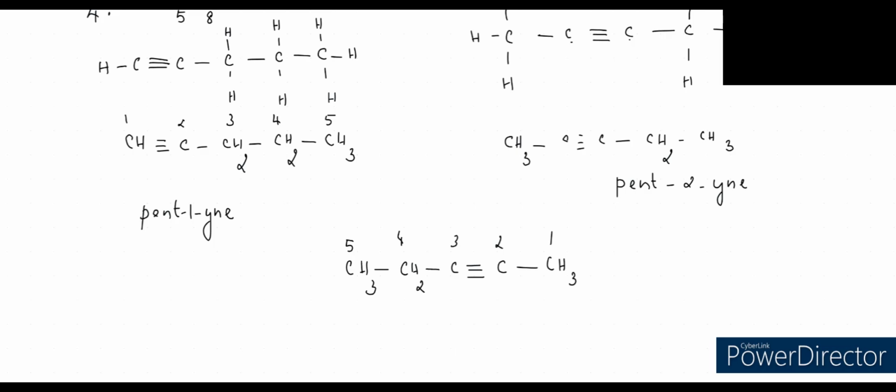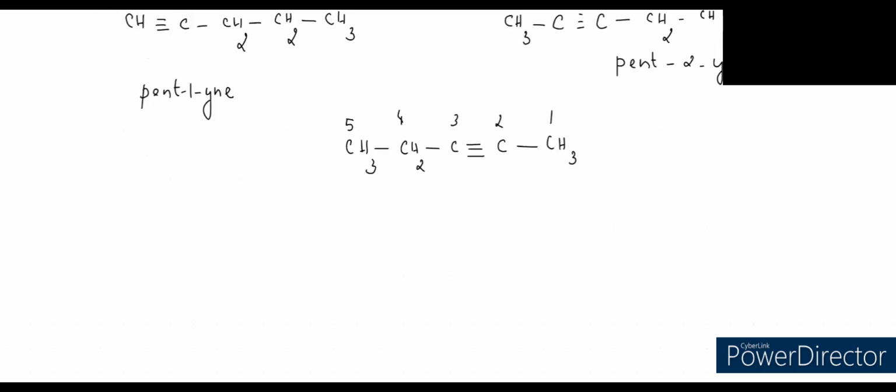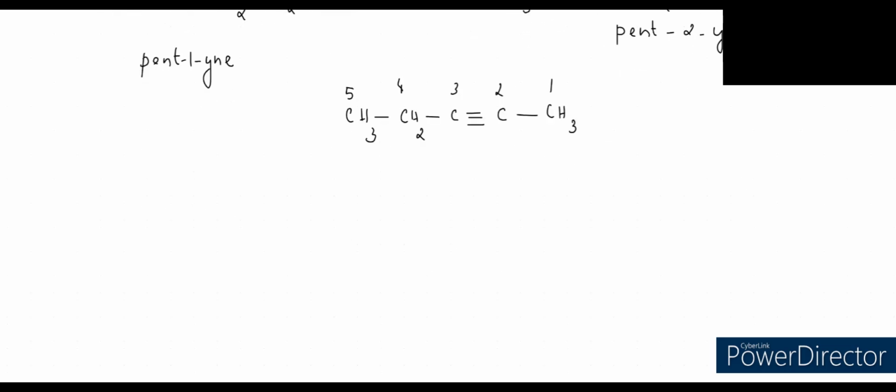That means there is no pent-3-yne possible. Again, pent-1-yne and pent-2-yne are examples of position isomers.